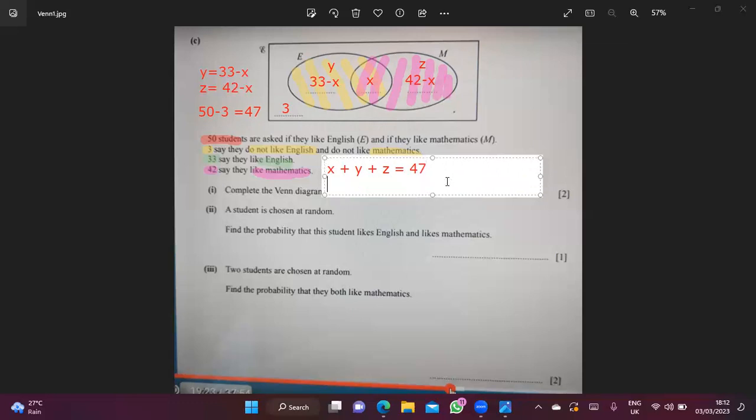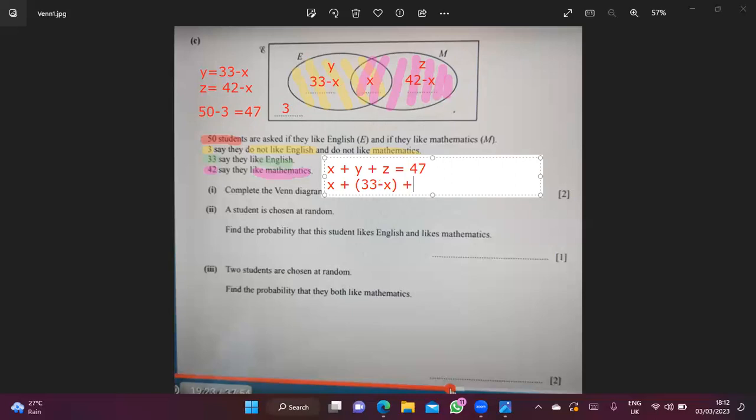Okay, now substitute. X, we just leave x, yeah, no problem, x. What about y? Y is actually 33 minus x. I just put that in the bracket. 33 minus x, always use bracket. What about z?